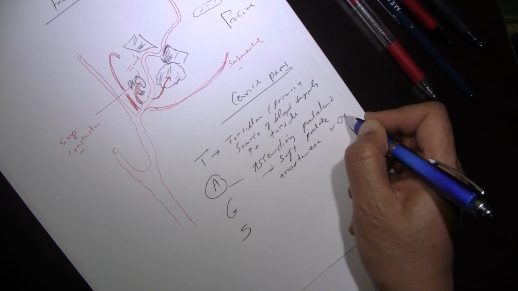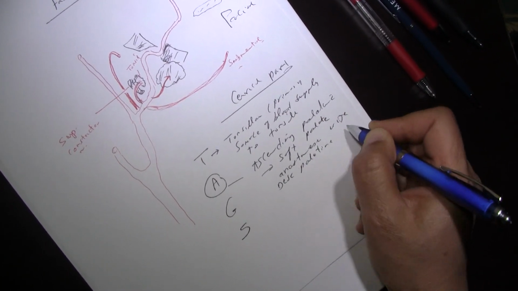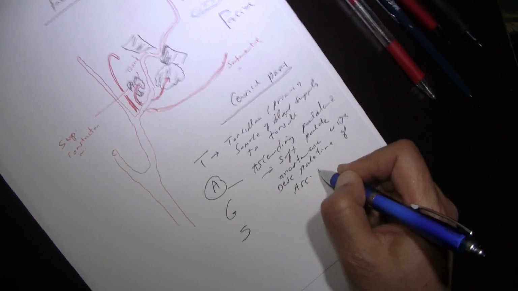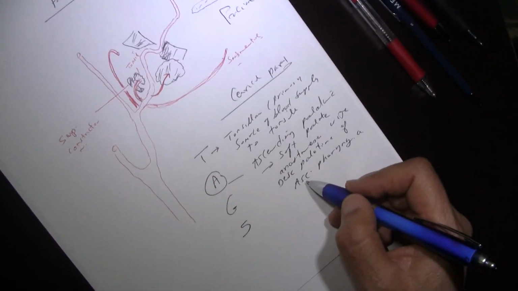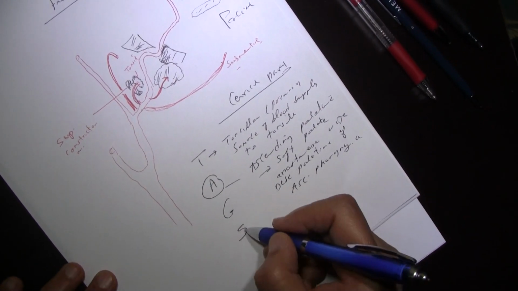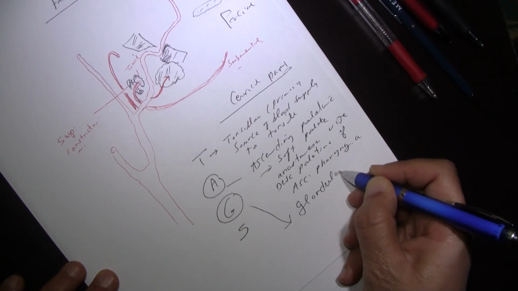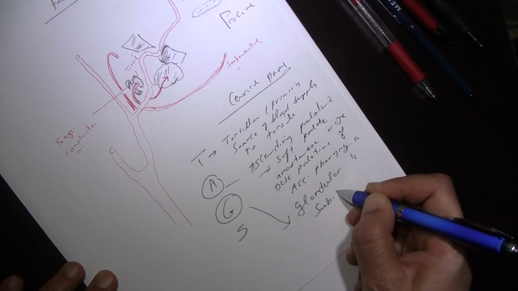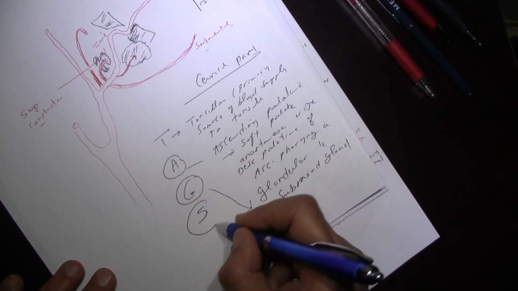Anastomosis with the descending palatine of the ascending pharyngeal artery. G is glandular. To which gland? Submandibular gland. Okay. S, submental.